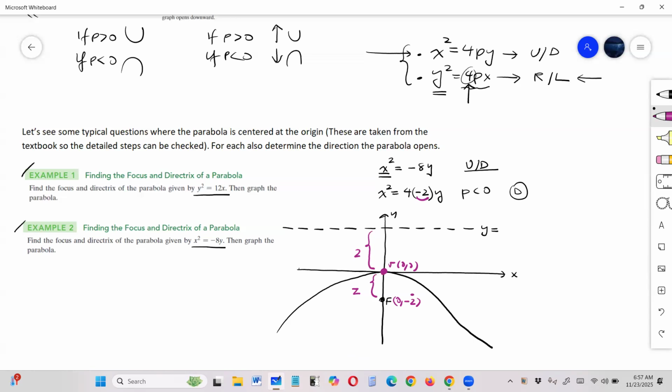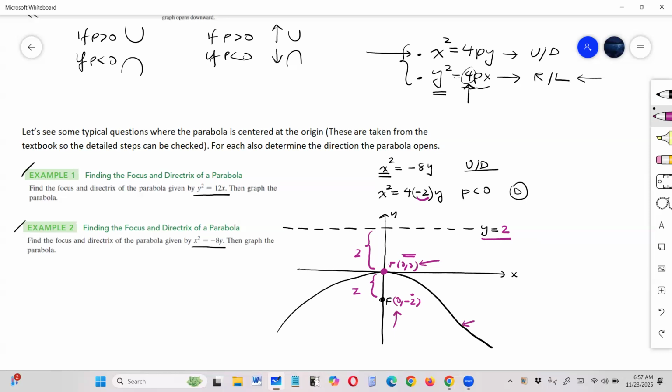Not x. I'm on the same x position. For the directrix, I am going 2 units up from the origin. So the directrix is located at y equals 2. Okay? So this is the graph, and we need the directrix, we need the vertex, and we need the focus, and obviously we need the curve itself.